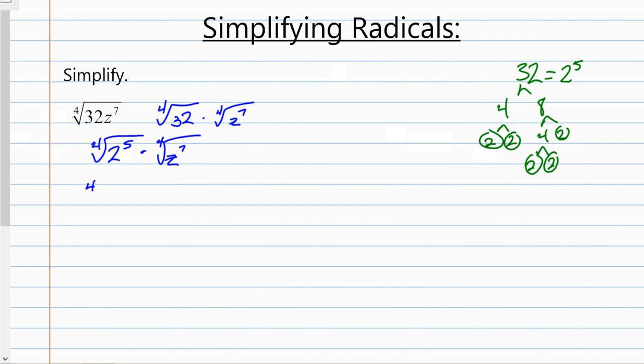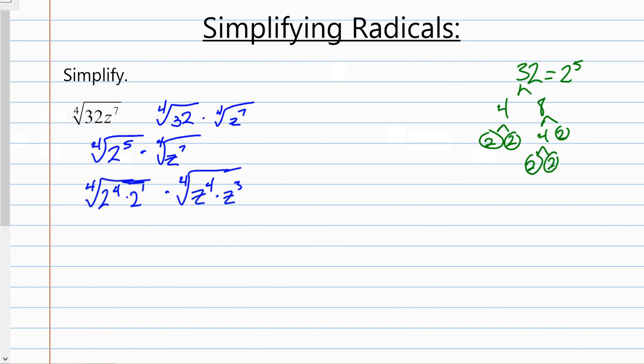This is 4. I have a 2 to the 4th times a 2 to the 1st. So this is my first 4 2's, and this is my last 2. Similar thought with the z's. I'm going to have a z to the 4th, and if I pull a z to the 4th out, I'm left with a z cubed, because together these make z to the 7th.